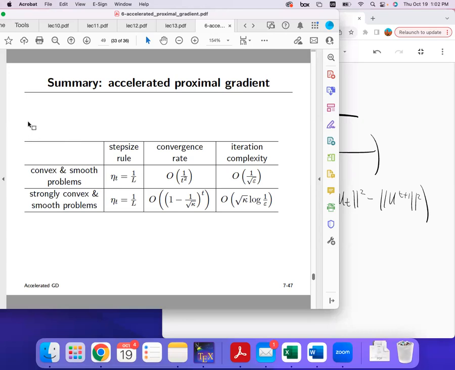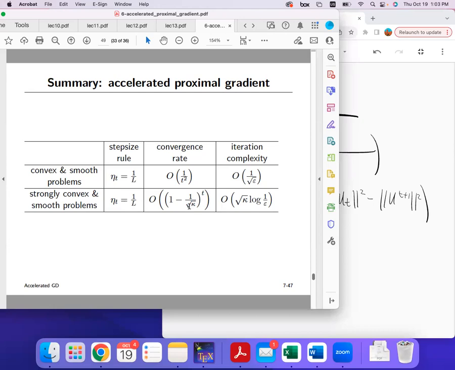This is a table that summarizes all the convergence results of accelerating methods in different cases. For convex and smooth problems, we proved an accelerated convergence rate of 1 over t squared. Correspondingly, the iteration complexity is 1 over square root of epsilon, where epsilon is the target accuracy. For strongly convex problems, the convergence rate is (1 minus 1 over square root of kappa) to the power of t.